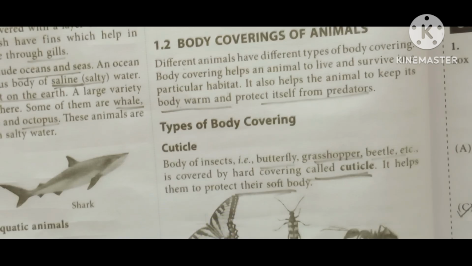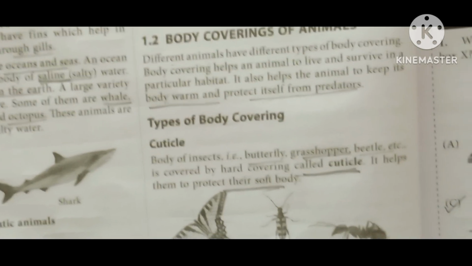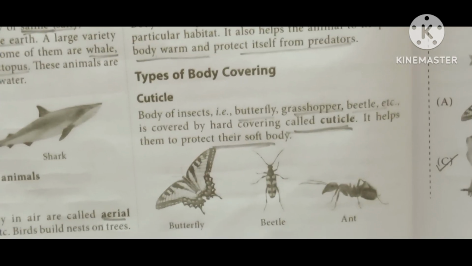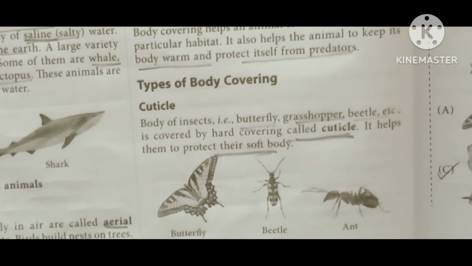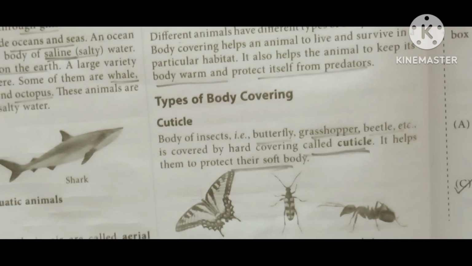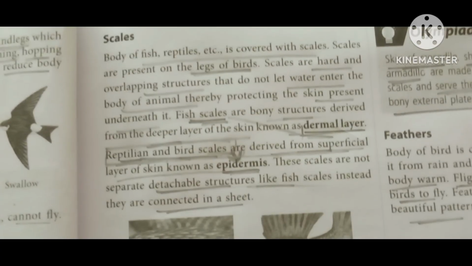For example, butterflies, beetles, ants, and so on. Their bodies are so delicate, so their skin is covered with a covering called cuticle.